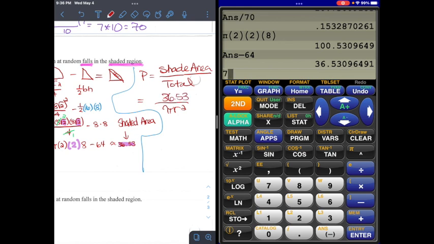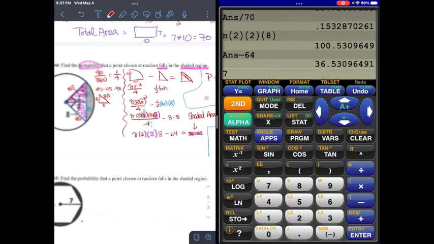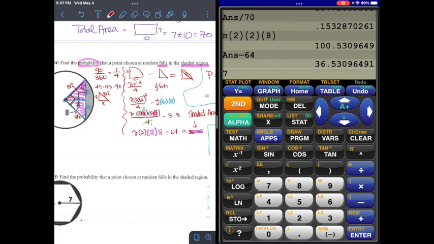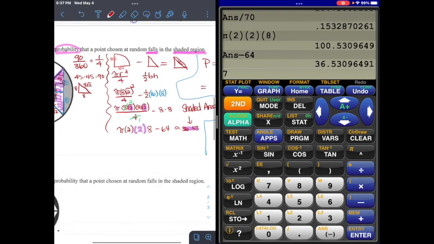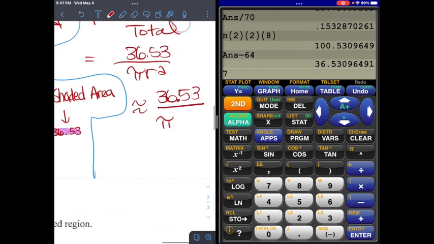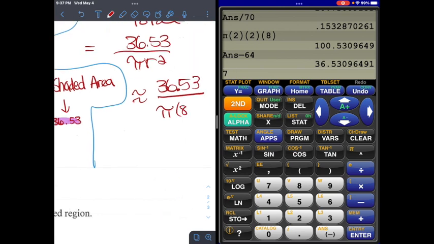So now what we have is 36.53 over pi, what's my r? My r in this case is going to be 8 root 2 because that's again from the center to the side of the circle. So that's going to be 8 root 2 squared.